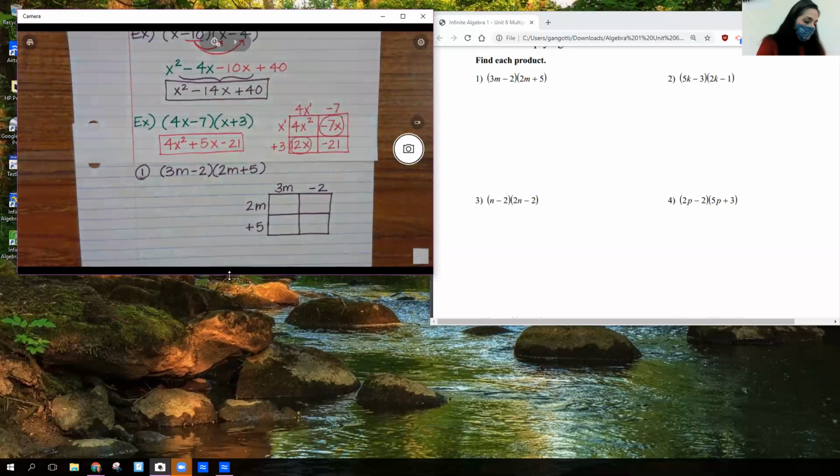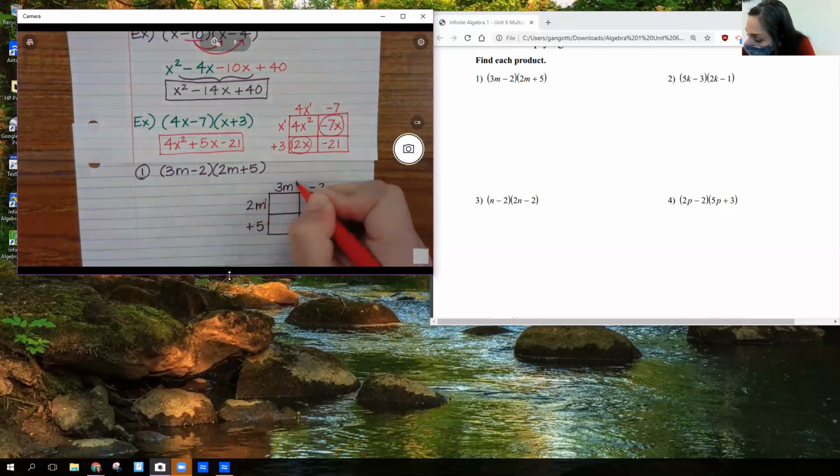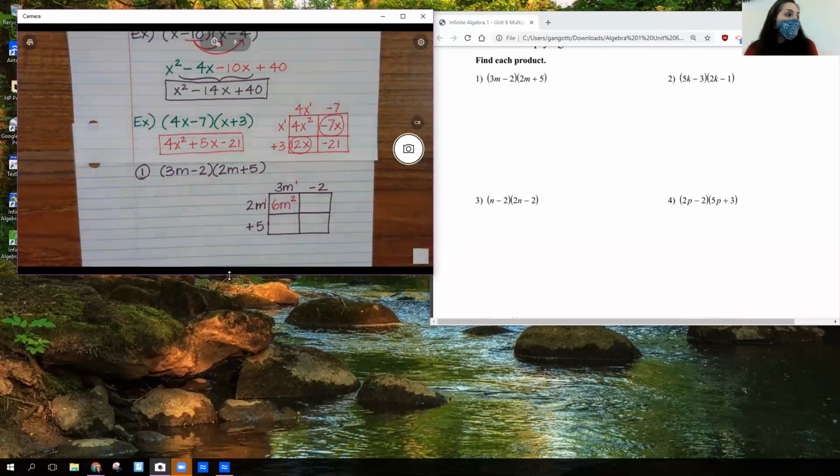So 2m times 3m is, let's see, these are ones, so 6m squared. 2m times negative 2 is negative 4m.